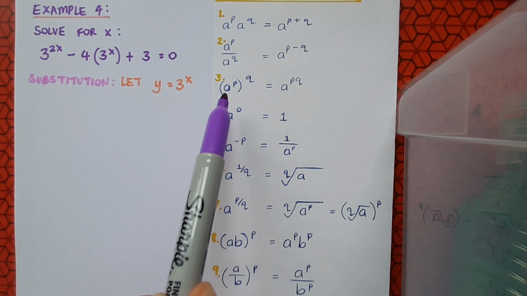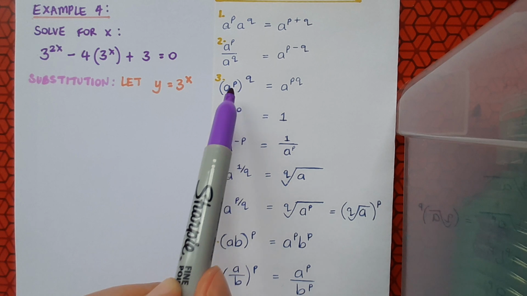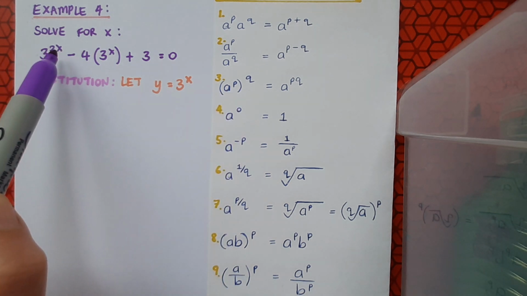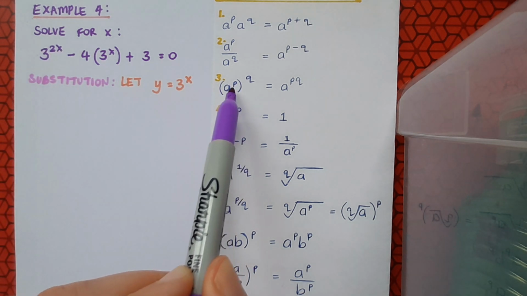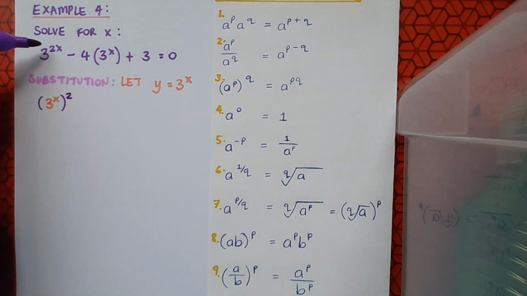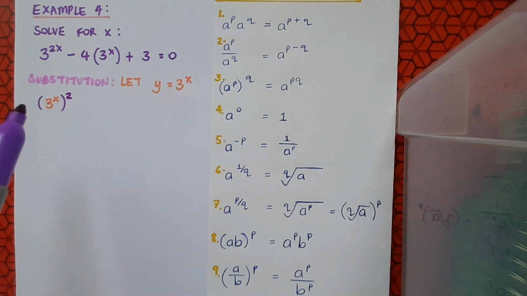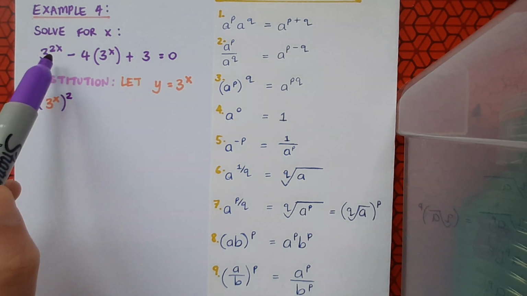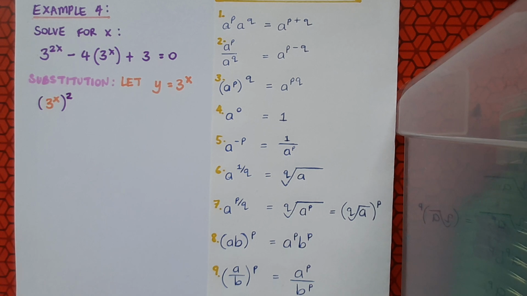So I want to get 3 to the power of x, and the powers are multiplying together, the 2 and the x, so I can split them up like I see in rule 3. So instead of writing it as 3 to the power of 2x, I can write it as 3 to the power of x, all squared. Notice that 2 by x would give me back that 2x there in the first line.